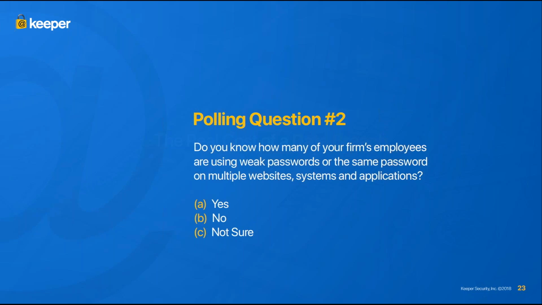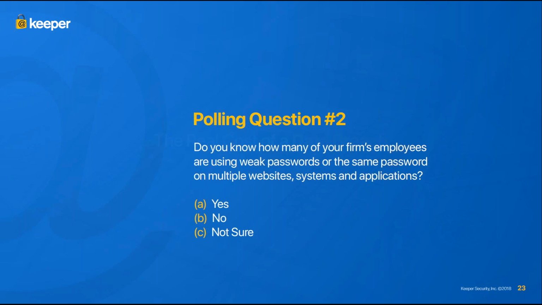I wonder if I know how many people inside my firm are using weak passwords on multiple websites, apps, or systems, or the same password on multiple websites, or maybe they're not using two-factor authentication when they should be, or they're not using a full end-to-end encryption solution.